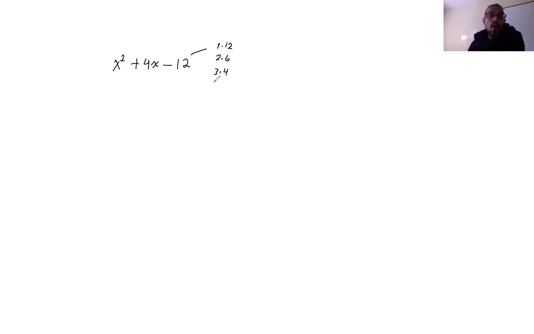Once you've written out all of the factors of 12, you now have to ask the question, what do these factors need to do? The information is actually there. If you look in the trinomial, right there, you see the subtraction symbol. That's telling you what the factors need to do.